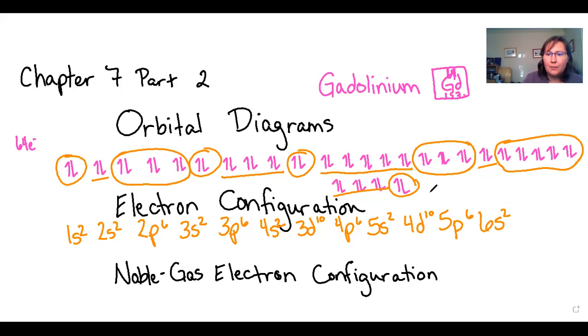Now let's see here. After 6s2, we'll be up to 5d. Okay. 56, 57, 58, 59, 60, 61, 62, 63, 64.